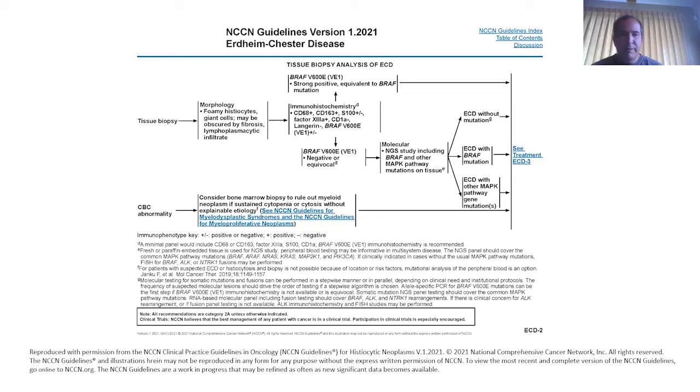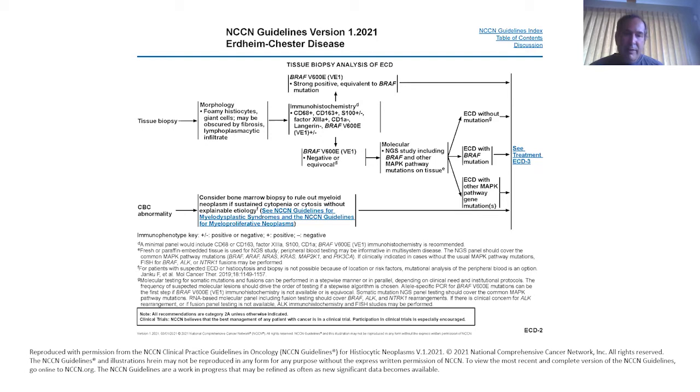Although there's often a fair amount of background fibrosis and an inflammatory infiltrate, often of lymphoplasmacytic cells, and I've seen a number of cases that are occasionally initially diagnosed as various types of lymphomas that can have a similar histologic appearance. So expert review of the pathology is very critical to making sure we establish a diagnosis.